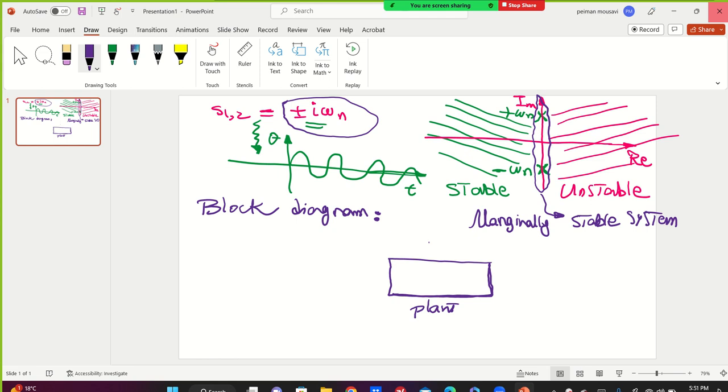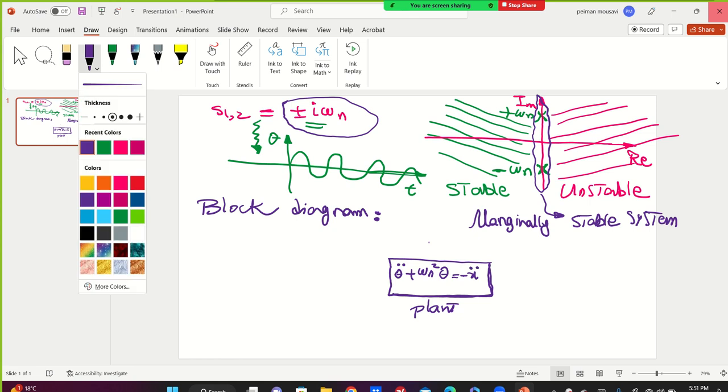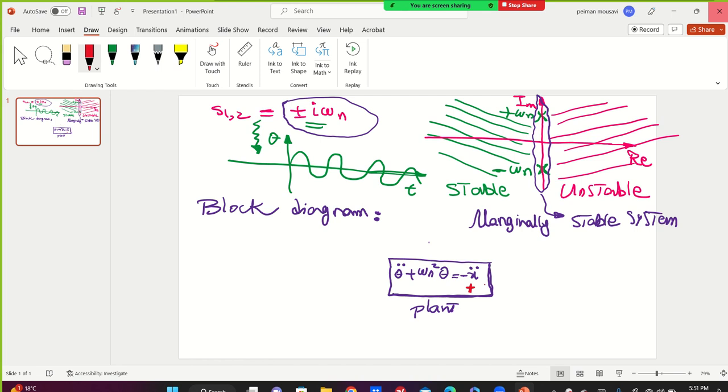So you saw that this was a differential equation. Theta double dot, linearized, is omega n square theta minus x double dot, right? This is your plant. This is the dynamics of a plant. Now you are adding a u or torque. U means control signal. U is added on the right hand side.